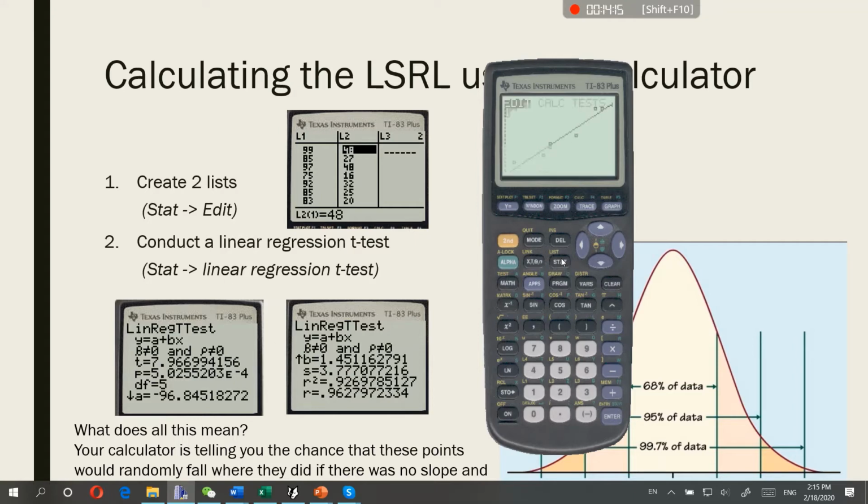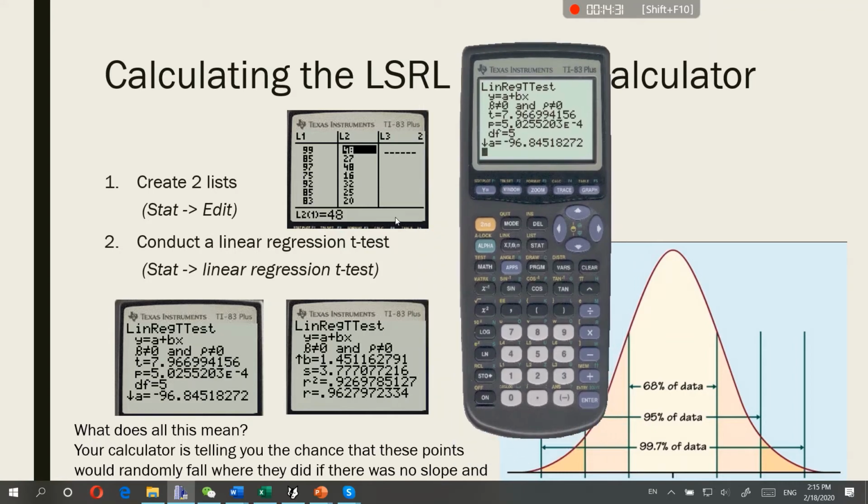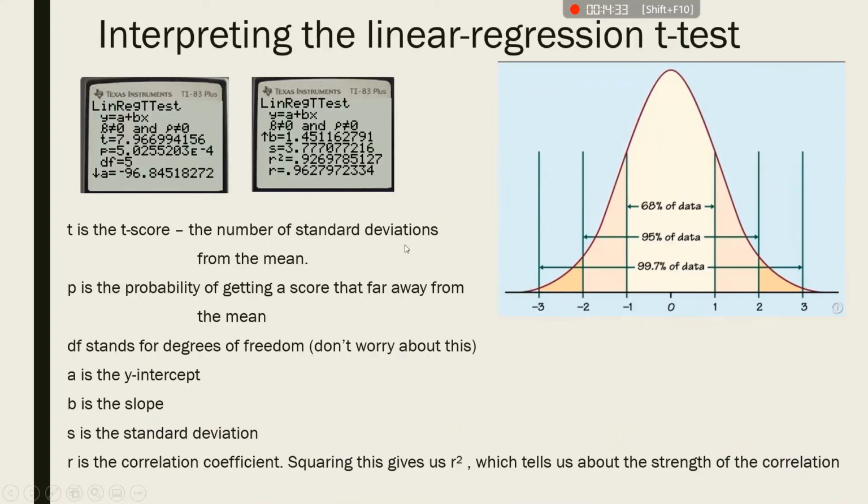So our linear regression t-test, if I go back to that, also gave us a p-value, which is a probability. This p-value is the probability that we would get a score that is that far away from the mean.